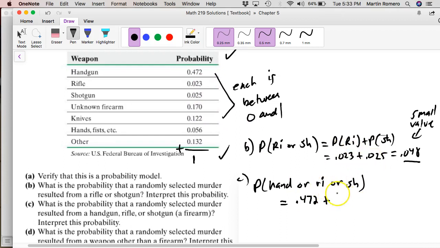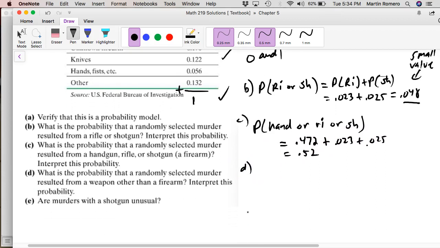Plus the rifle, which is 0.023, plus the shotgun, 0.025. So the probability that a murder happens with a handgun or rifle or shotgun is the sum of that, which gives approximately 0.52. Let's go to D.